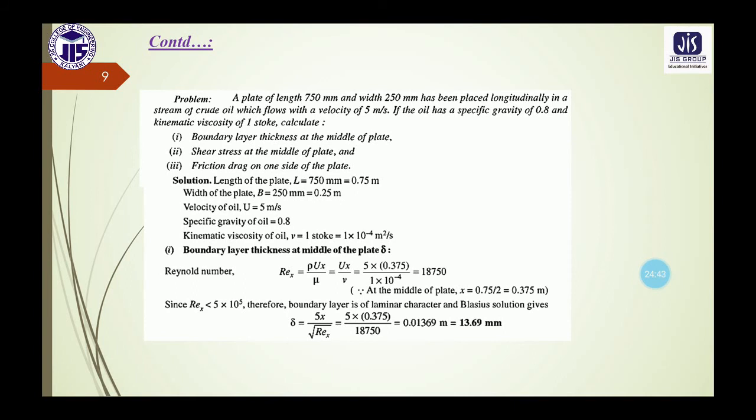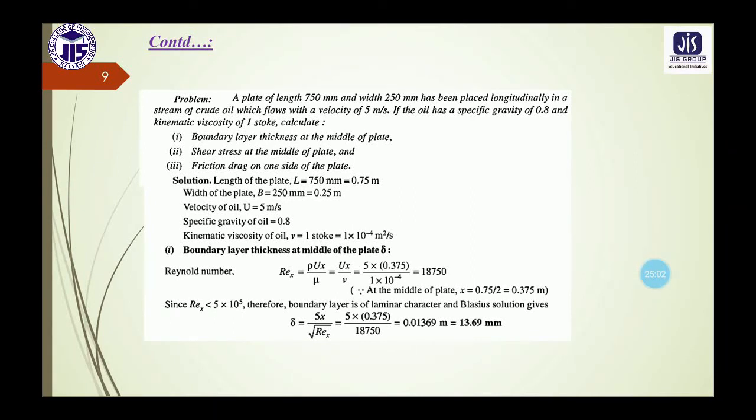So one more numerical we will discuss now. A plate of length 750 mm and width 250 mm has been placed longitudinally in a stream of crude oil which flows with a velocity of 5 meter per second.